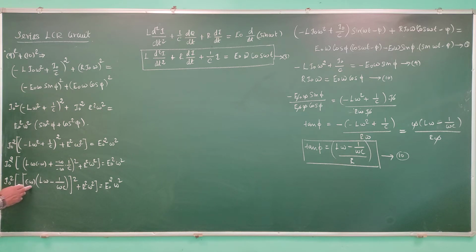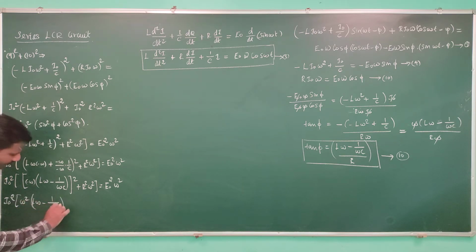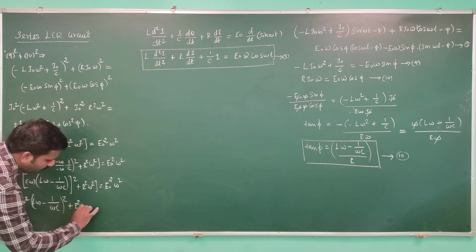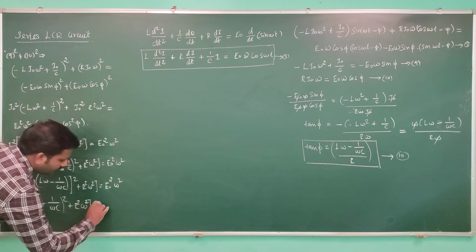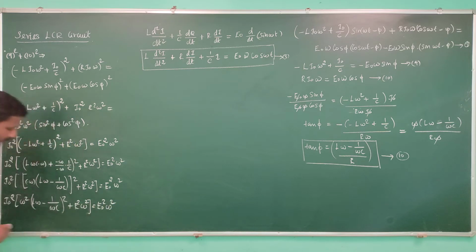Now this term minus omega the whole square, you can bring the square here, so this becomes minus omega into omega square. Here there is omega square, here there is omega square. I can write this equation as like this: omega square into L omega minus 1 by omega C the square plus r square omega square, which is equal to E naught square omega square. I can cancel out all this.